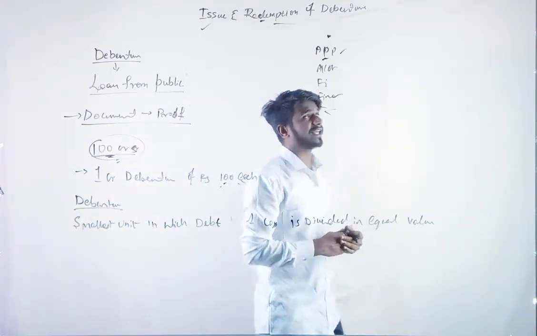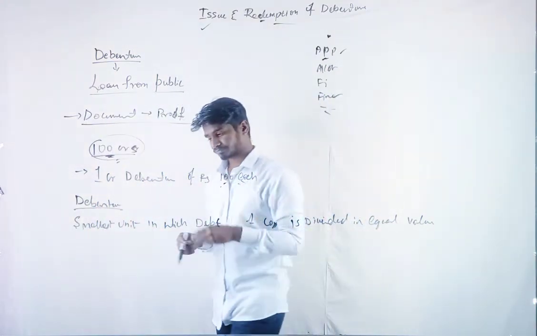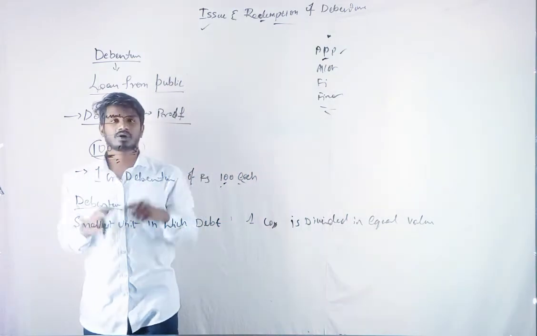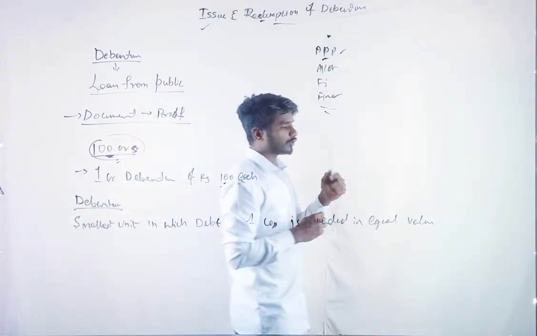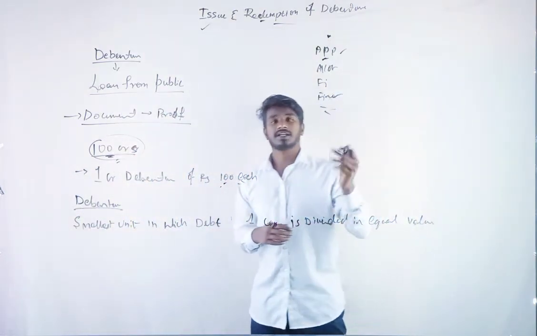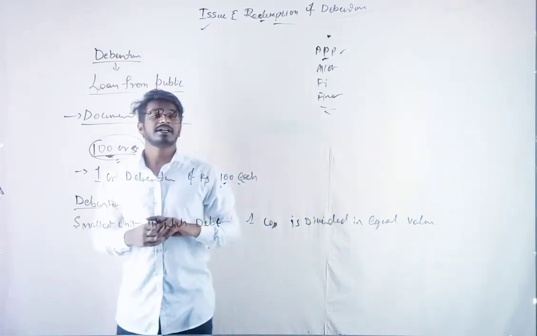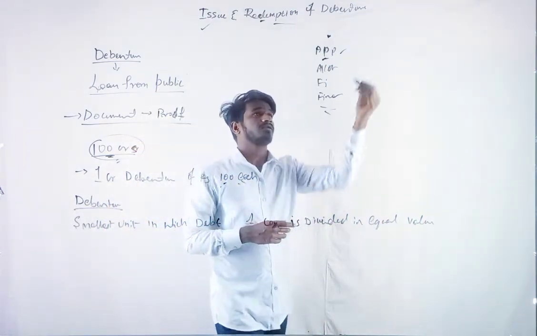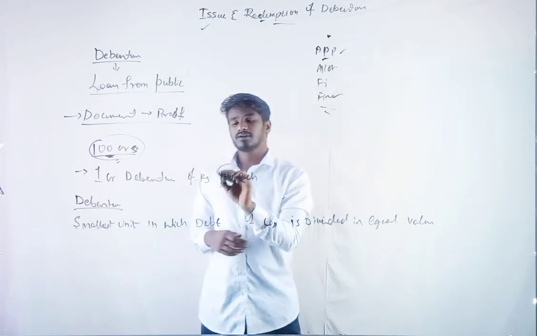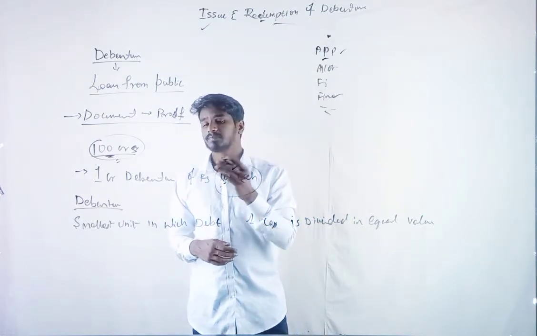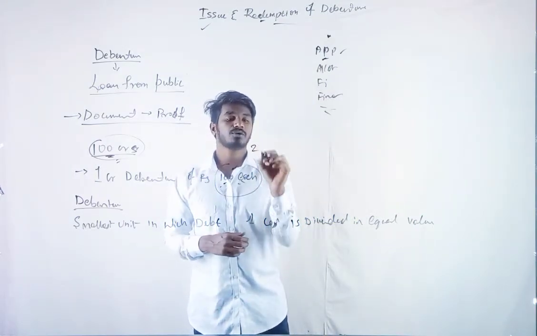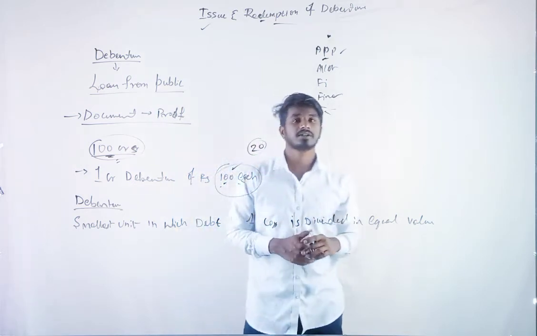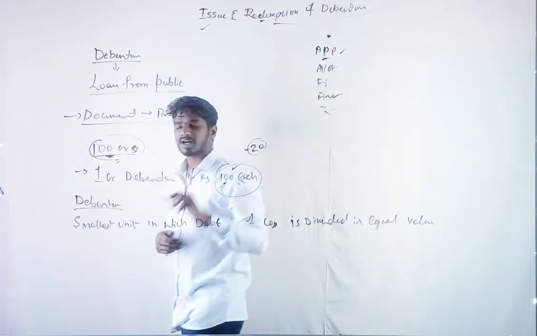Here also it is the same. Application means it is a paper. Normally they will give a paper and you should fill it. Along with that application you should give a certain amount, whatever they ask for. If it is 100 rupees per share, sorry, per debenture, they may ask you for 20 rupees on application. Why will they charge application money?